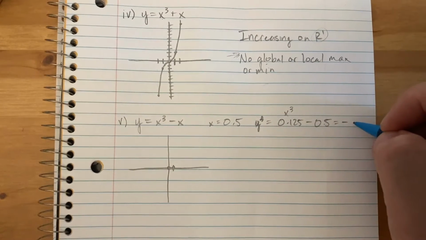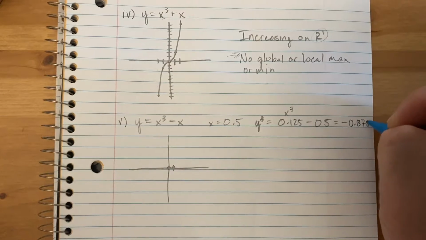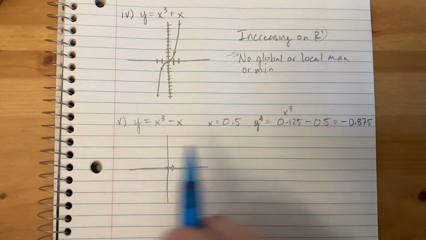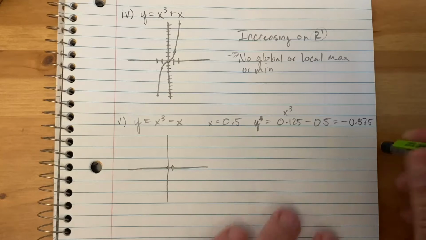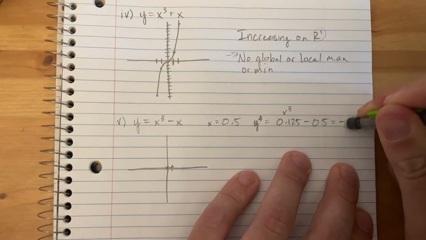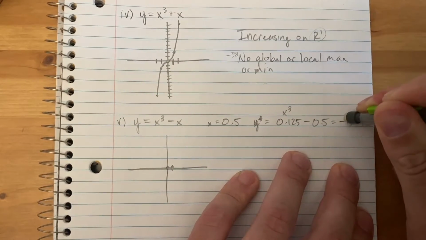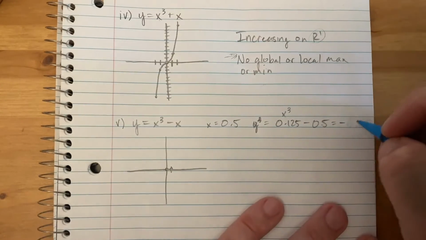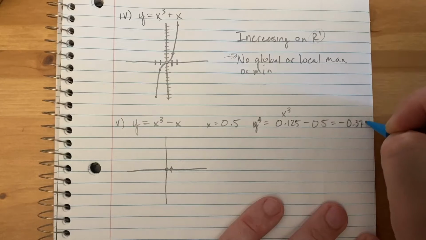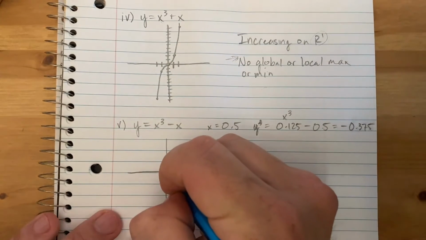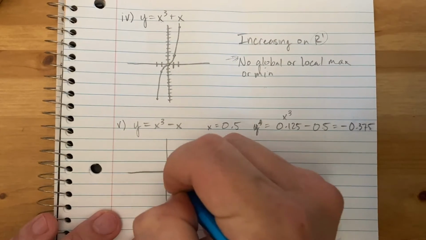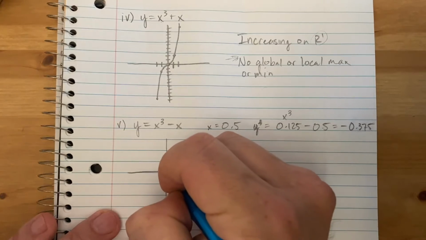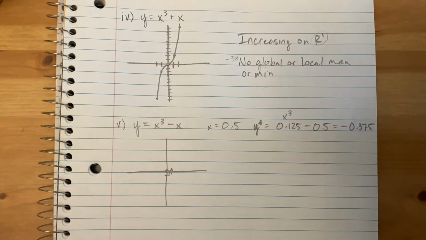That's negative 0.875, I think. No, that's not right. I think it's negative 0.375. That's what it is. So if that's 1, we got a little dip there, okay?